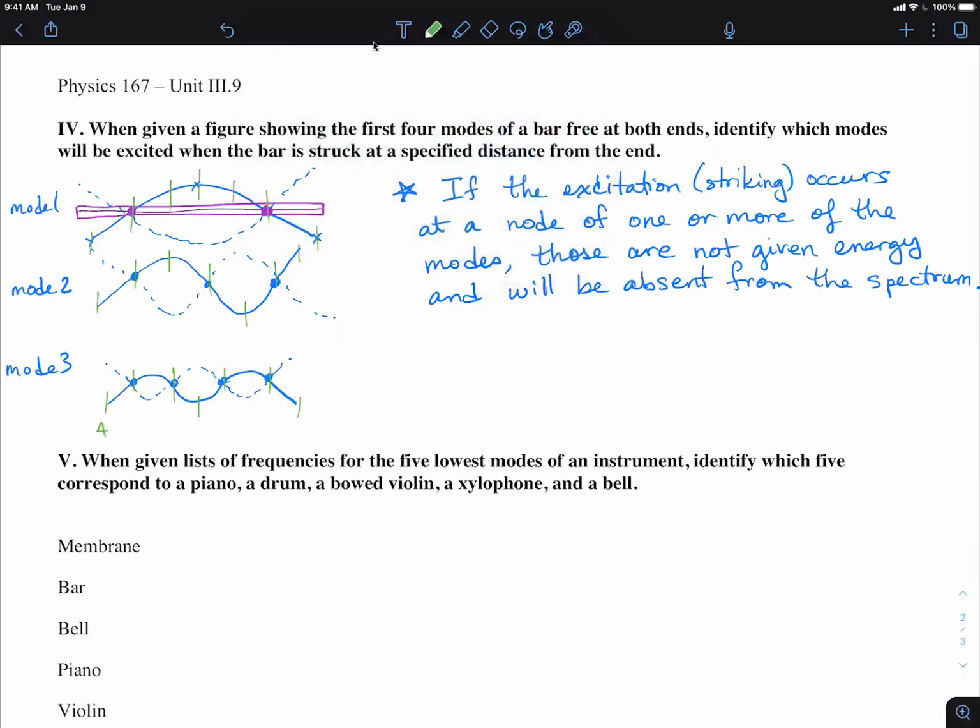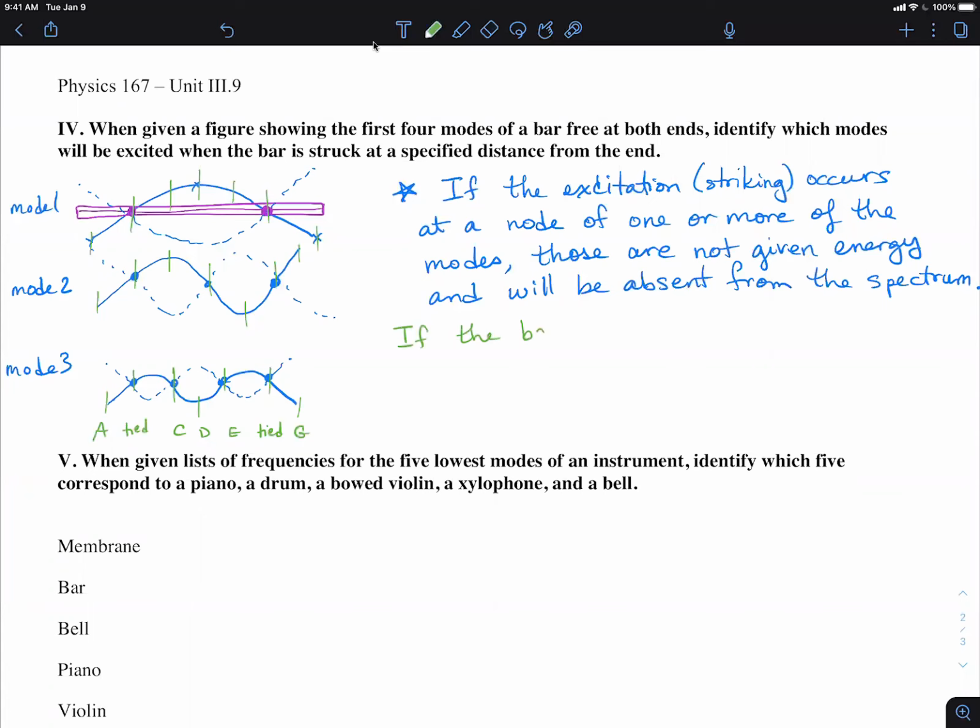So we'll just call them A, B, C, D, E, F, G. 7 different locations on the bars. Okay. What this means is if the bar, and it actually can't be struck at B or F because that's where it's tied down. You could, but no modes would sound because they all have nodes there.